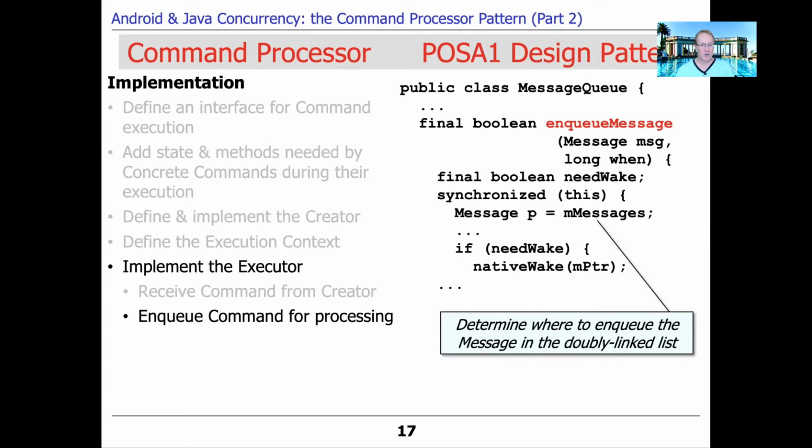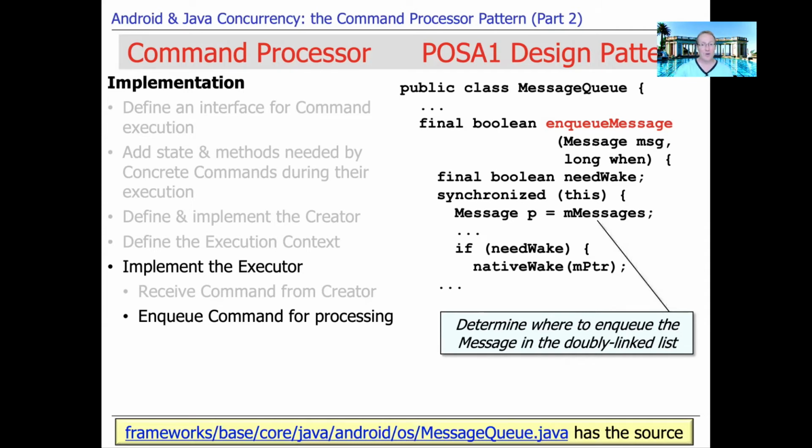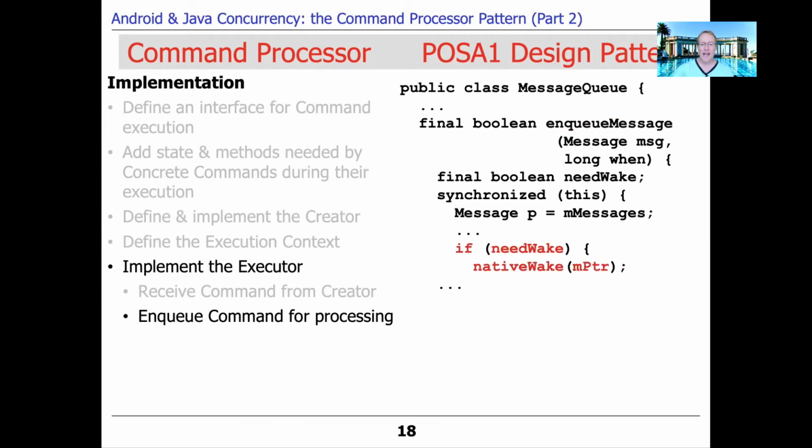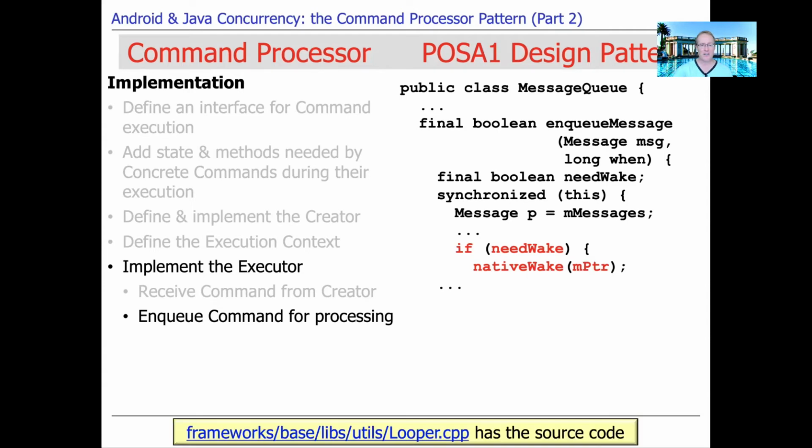That's what's being used under the hood in the Android framework to keep track of things that are passed from one thread to another. You can take a look at all the source code if you really want to learn the inner workings of how the Android MessageQueue class works. It's really pretty cool. And then if we need to, we pass something that will wake up the receiver so it can receive this message and pull it out of the queue.